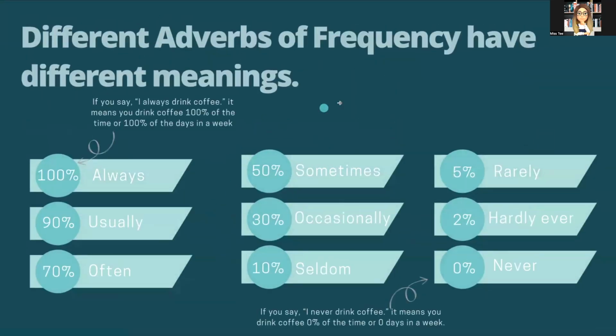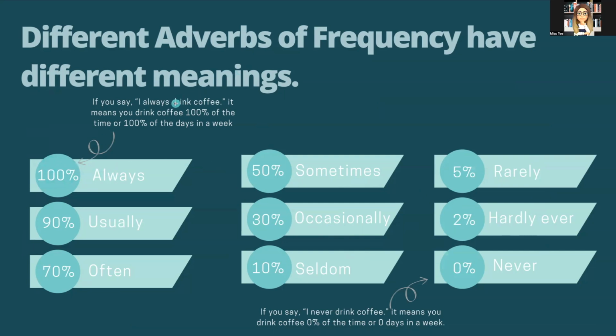So let's have a look at this chart here. Here we can see all of the adverbs of frequency that I previously listed. Always, usually, often, sometimes, occasionally, seldom, rarely, hardly ever, never. These are the general meanings of them. So always means that when you always do something, you do it 100% of the time.